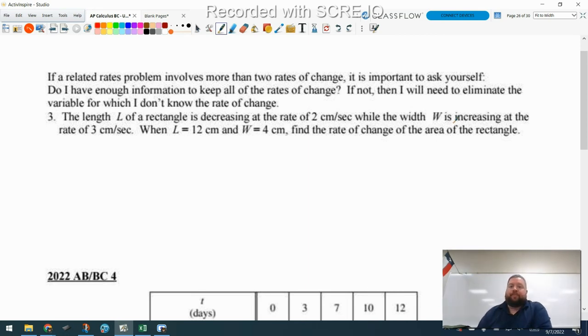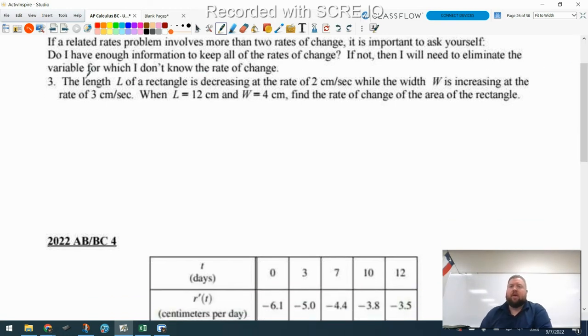Okay, so if a related rates problem involves more than 2 rates of change, it's important to ask yourself, do I have enough information to keep all the rates of change? If not, then I need to eliminate a variable for which I don't know the rate of change. Okay, so the length of a rectangle is decreasing at a rate of 2 centimeters per second.